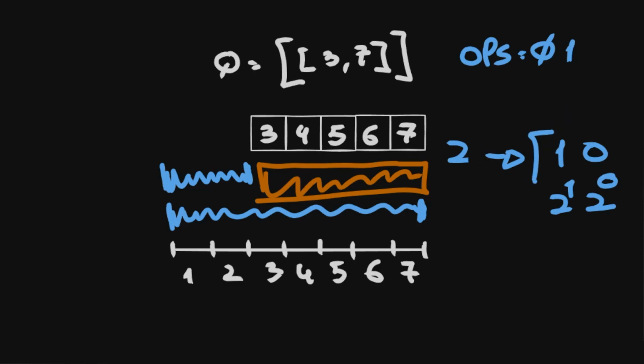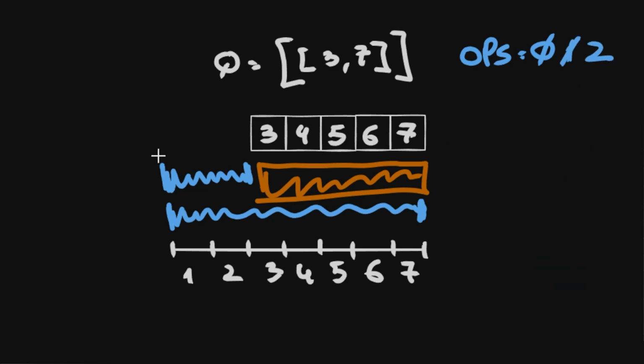So given that we only have a 2, we only have 1 number times, and the number of operations is the size for this, 2, plus 1, 3 divided by 2 is 1. So 1 times 1 is 1. So we add this up here, and this is now 2. So now we know that the individual operations for this small range are 2.